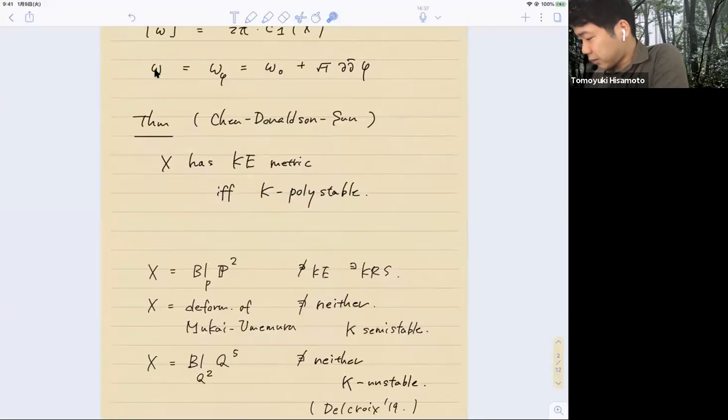But for this easy example, we know that there exists some extension, some generalization, for example, Kähler-Ricci soliton.